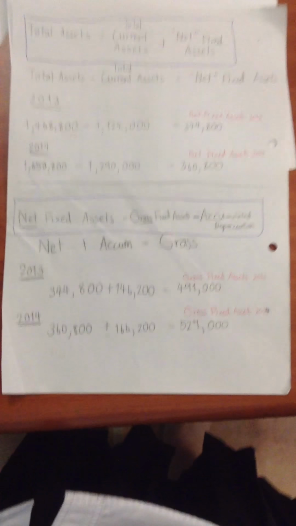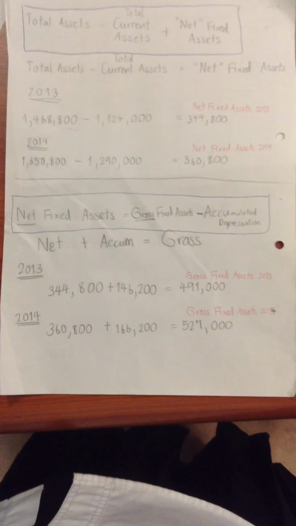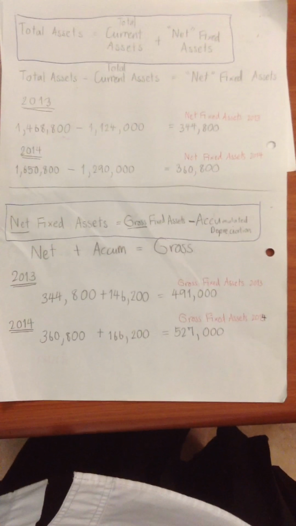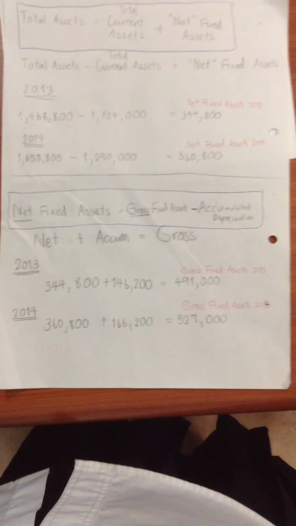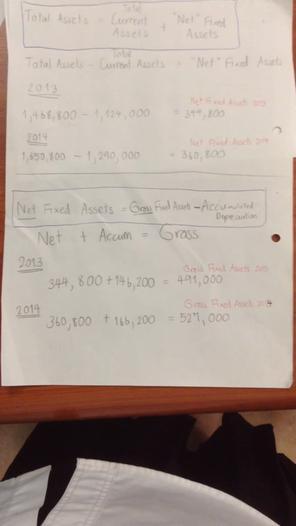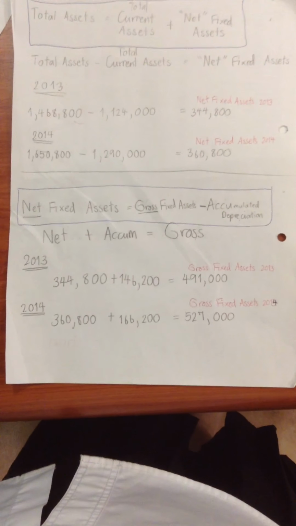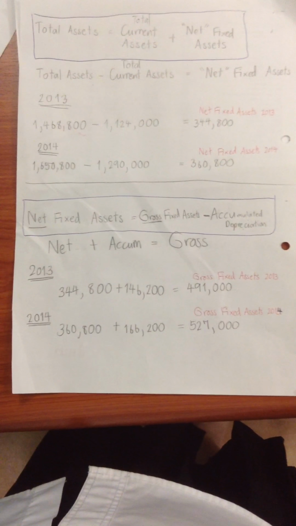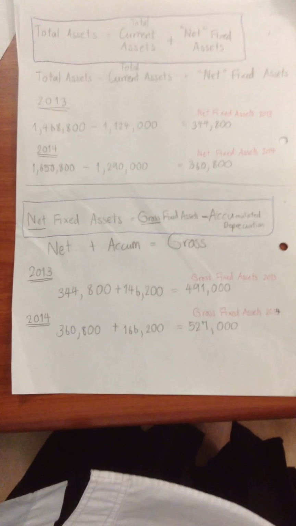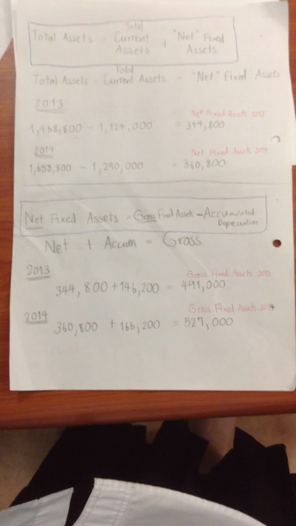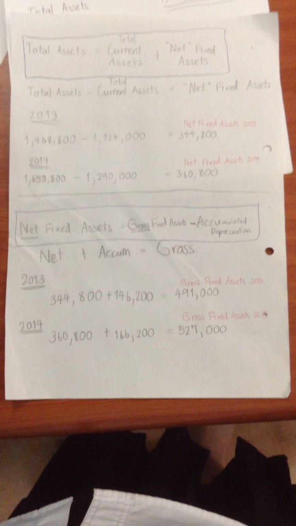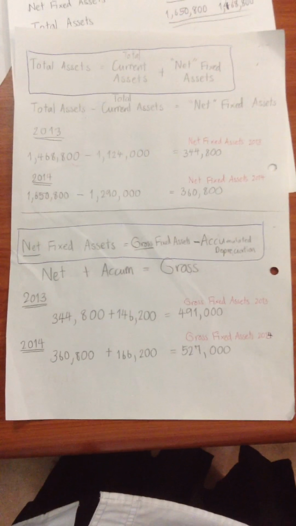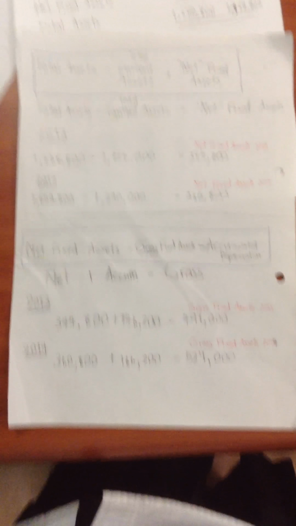So, as you see on the right hand side, gross fixed assets for 2013 and for 2014 are obtained by using net fixed asset plus the accumulated depreciation. So each year you use the net fixed asset of that year plus accumulated depreciation of that year, and then you get the gross fixed asset of that year.